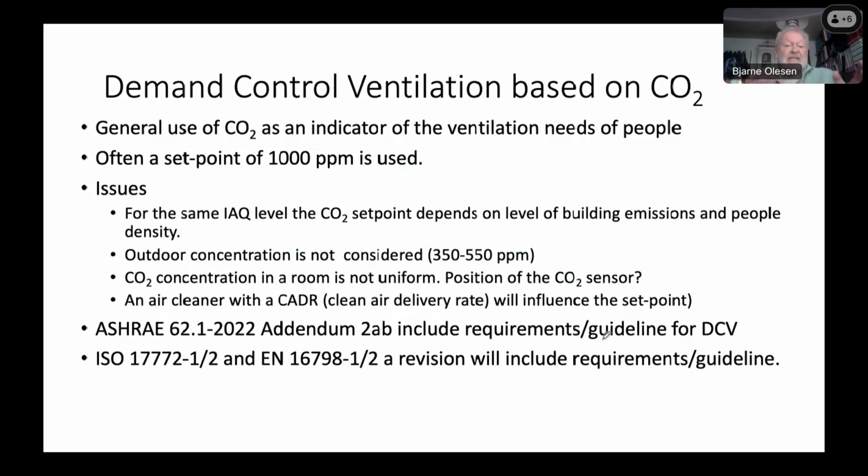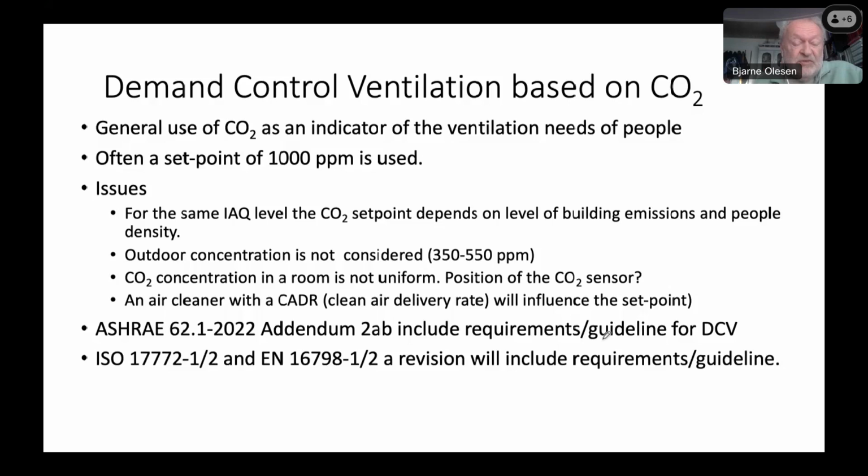So I went through some of the issues you have when using demand control ventilation. It's not a fixed set point that works for all types of room, for all levels of occupancy. You have to look at basically the density of people and also the emission of the building itself to find out what is the appropriate set point to obtain the same air quality.